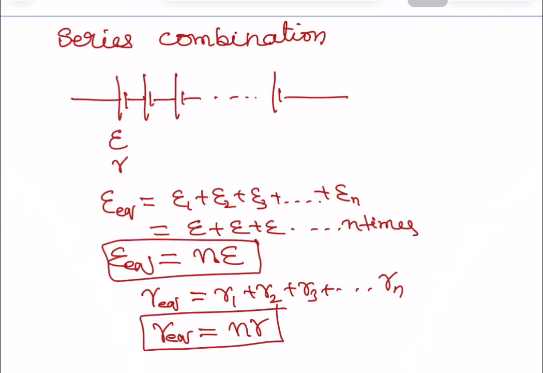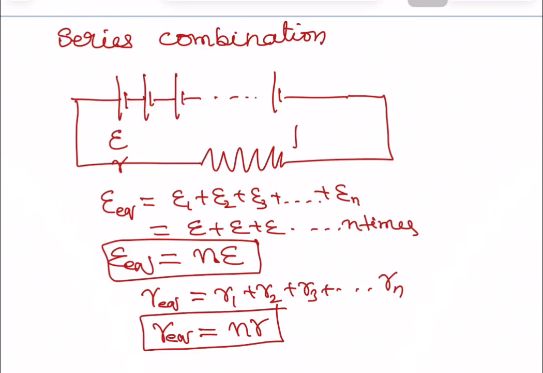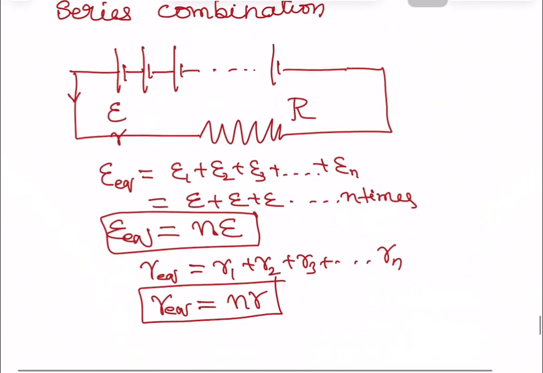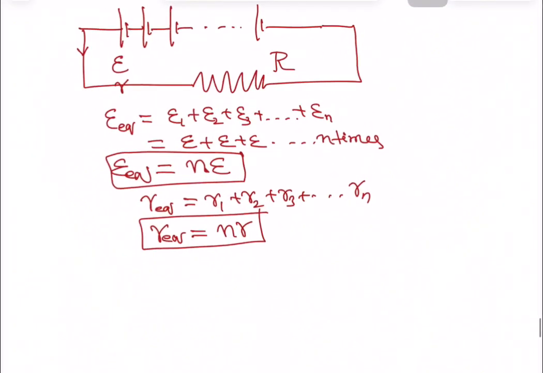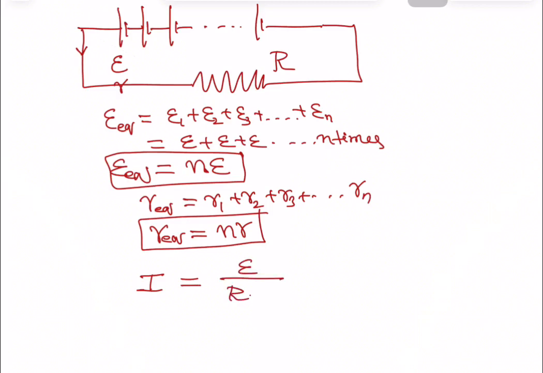By using these two equations, you can derive the expression for the current sent by this combination when it is connected to an external resistance R. Use the same equation: current is equal to total EMF divided by total resistance in the circuit.